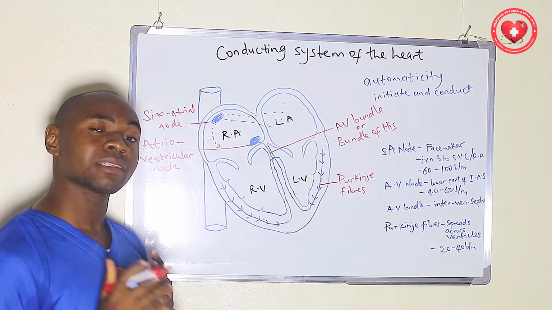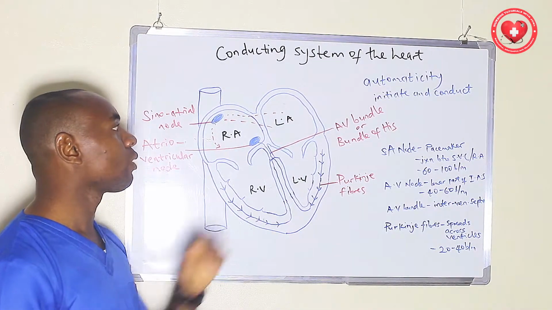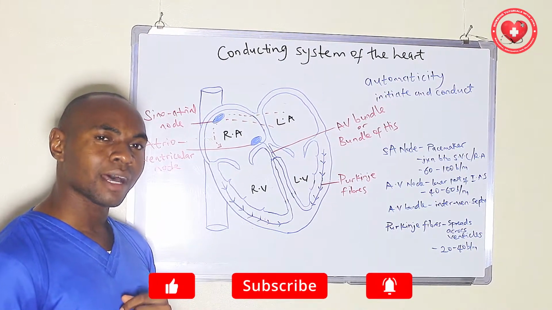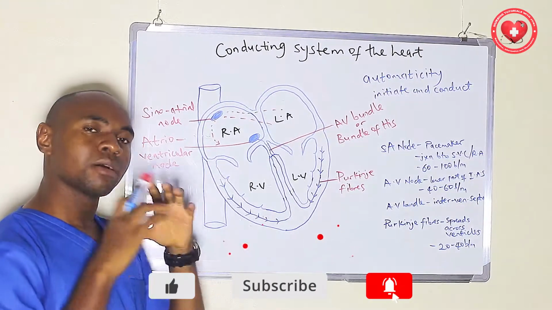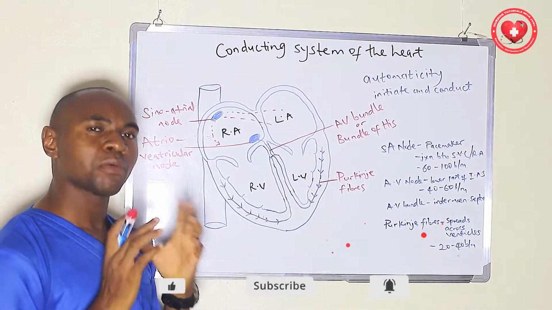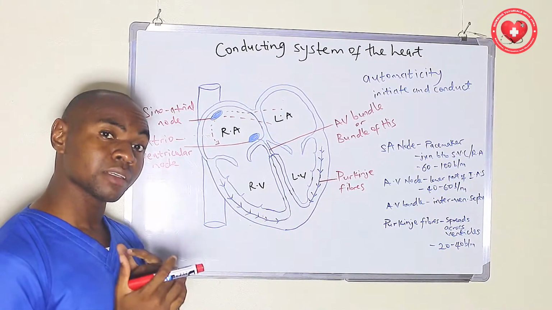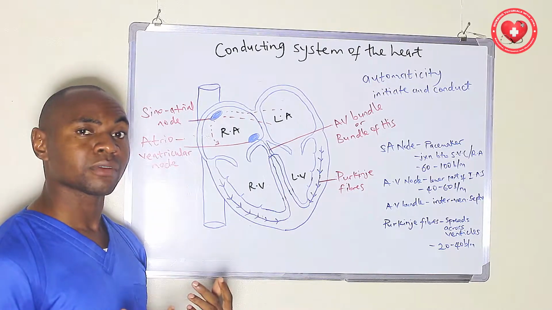Now, one thing we must understand is that one of the properties of the heart is what we call automaticity, meaning that the heart, the cardiac muscle, is able to initiate impulses on its own. And not just initiating that impulse, it's also able to conduct electrical impulses on its own.